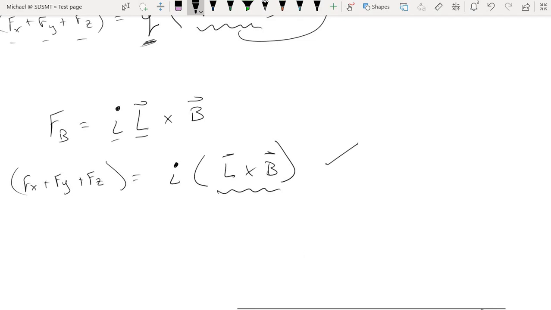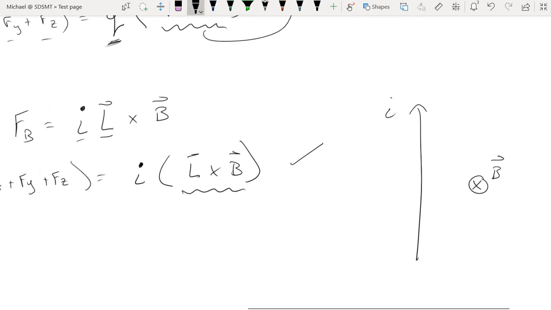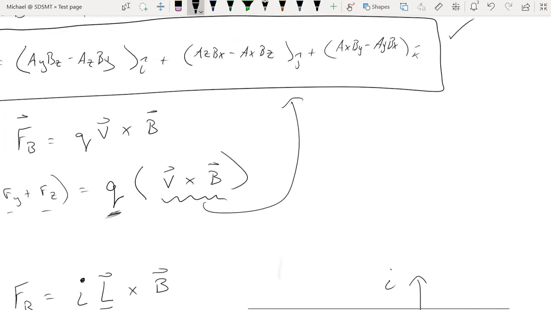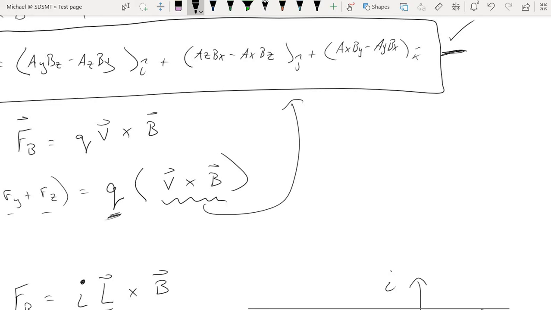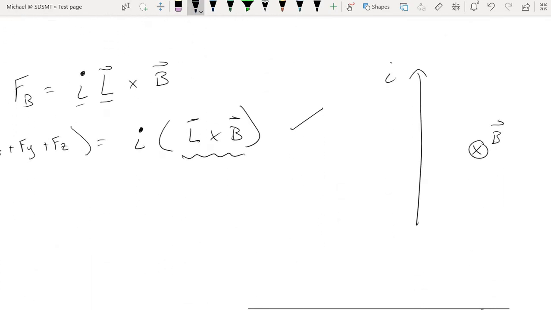Now typically these kinds of problems are a lot easier because you have a wire that is carrying current in a given direction, and you know where your magnetic field is pointing. And so if you don't want to go this route with evaluating your cross product, remember that there's always the easy way.